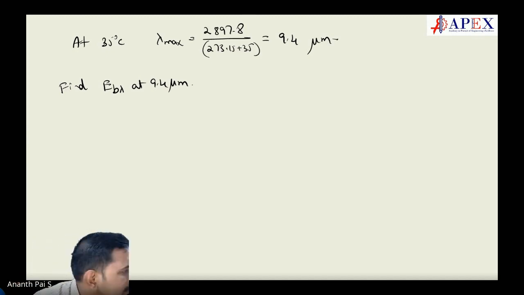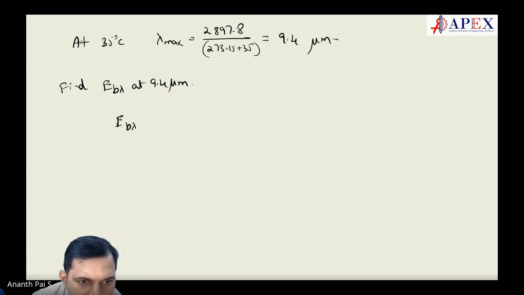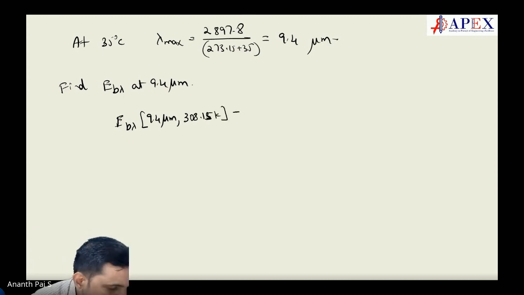What is EB lambda? So we'll do it again. EB lambda at 9.4 micrometer and 308.15 Kelvin is what?